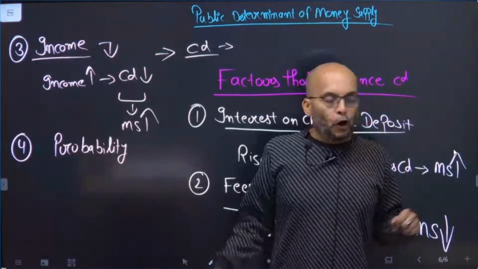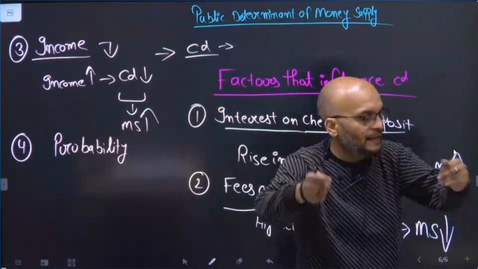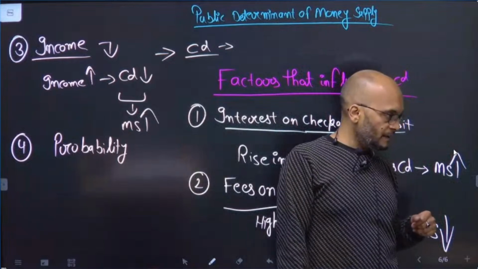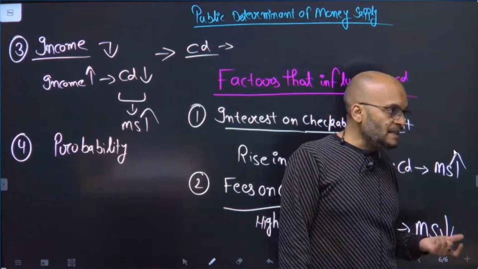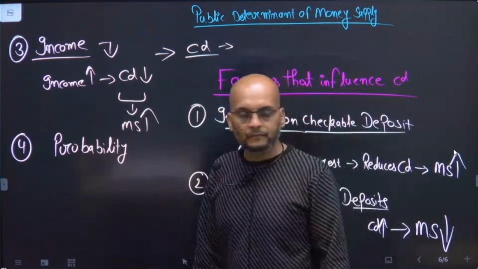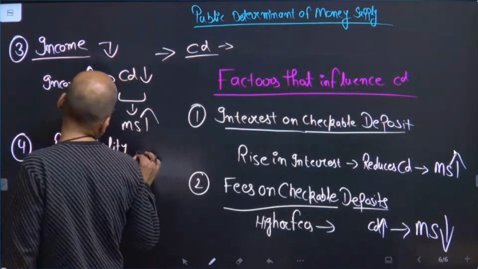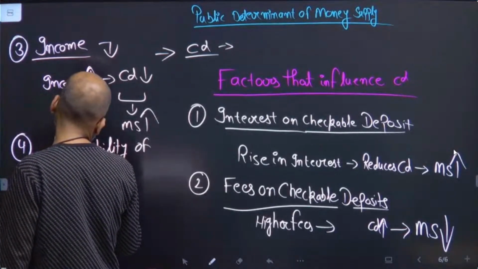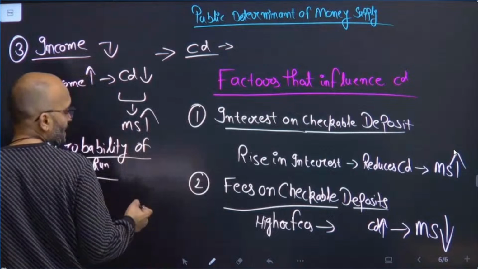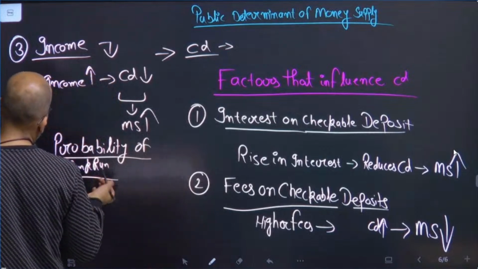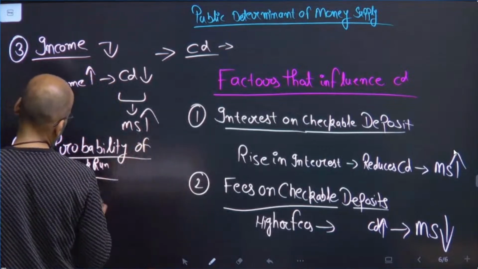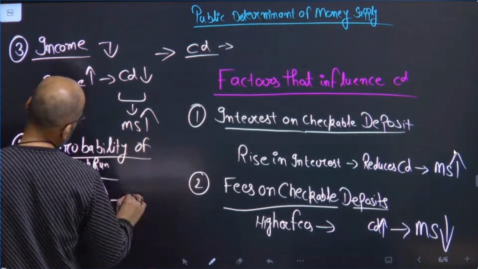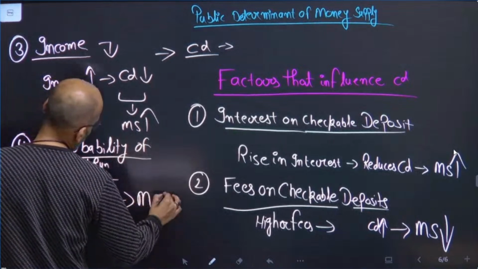Yes or no? If all depositors go to the bank at the same time, bank won't have that much fund to give them. Understood or not? So that's the situation of bank run. So if such probability is there, then people will obviously keep more cash with themselves, CD will increase and MS will decrease.